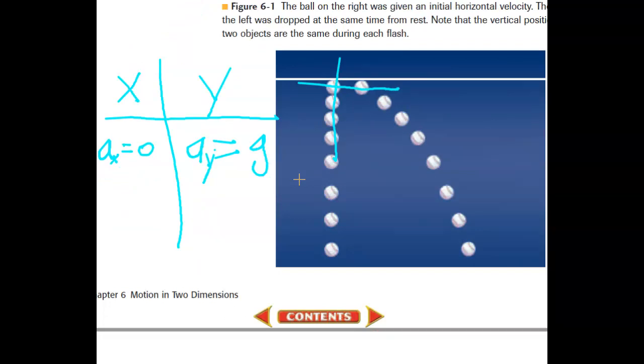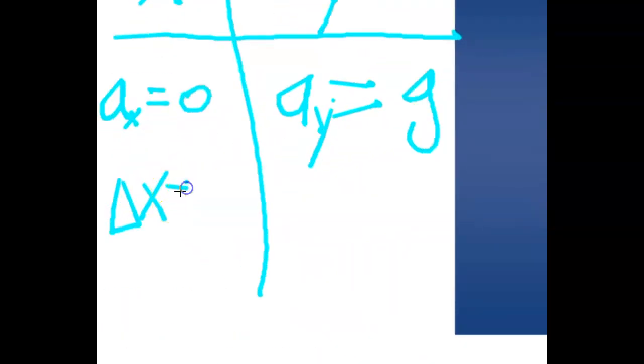That means that horizontally, my motion is going to be constant velocity motion, while in the vertical, my velocity, displacement, all of those things will follow projectile motion or free fall motion. So if I want to know how far horizontally this is going to go, the change in my position is just equal to my horizontal velocity times time.